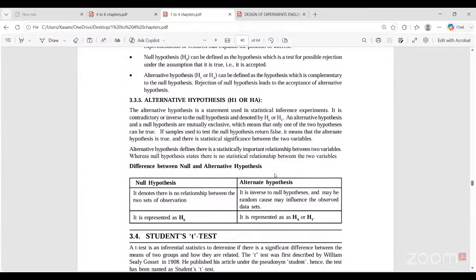If it is inverse to the null hypothesis, it is exactly against it. Wait for one minute, please.